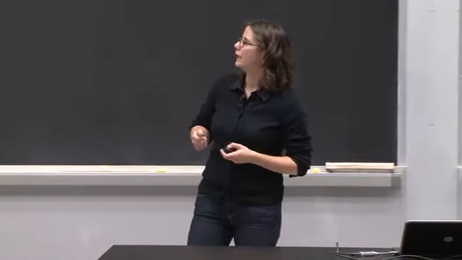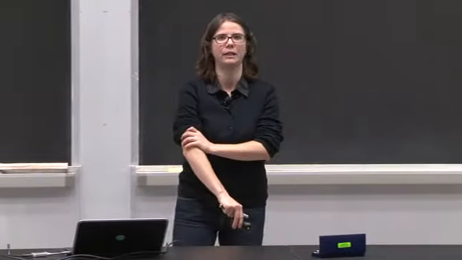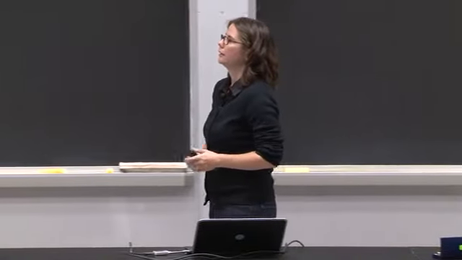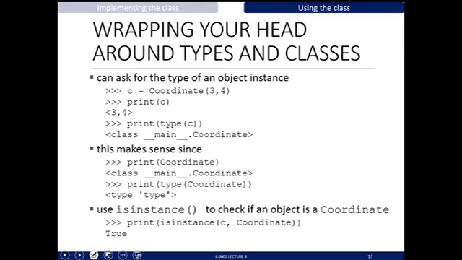So let's try to wrap our hand around types and classes, because we've seen a lot today. Let's create a coordinate object, assign it 3, 4, as we have been, and assign it to variable c. We've implemented the str method, so when we print c, it's going to print out this nice 3, 4 in angle brackets.